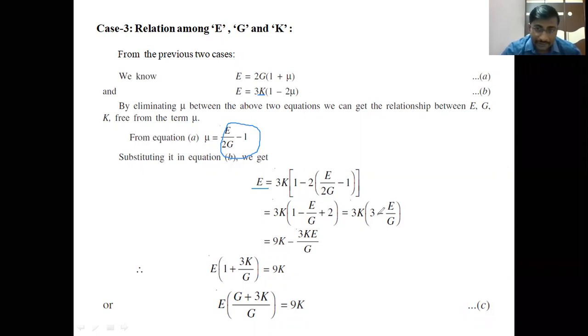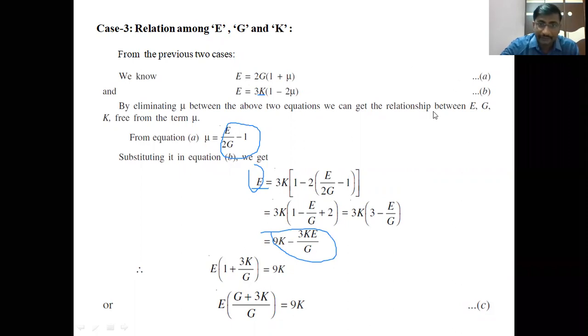From this, 3k into 3 is 9k minus 3k into E by G, 3kE by G. This total is equal to E. Here, the left hand side is E itself.